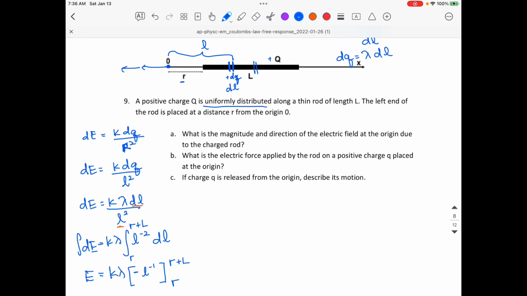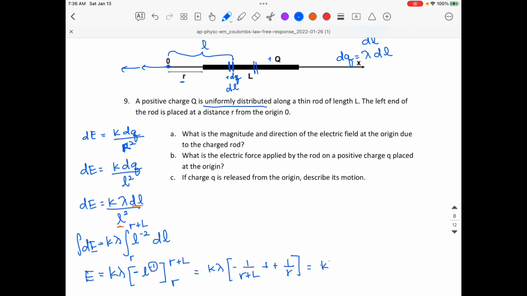And then when I do my substitution, I end up with K lambda times negative 1 over r plus L. Because of this negative, I know it's going to be a fraction, minus a negative 1 over r, and then turn that into a positive, flip it around so it looks nice.